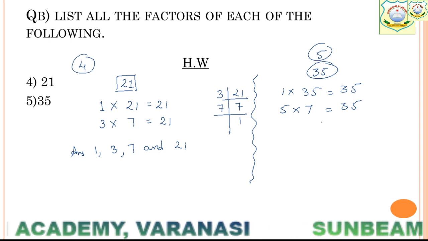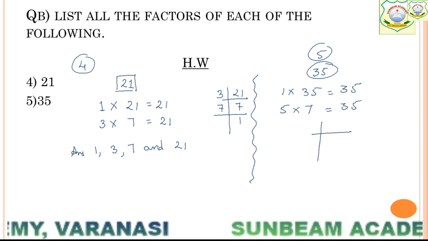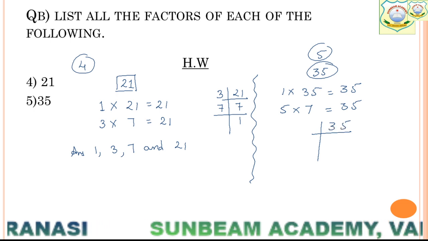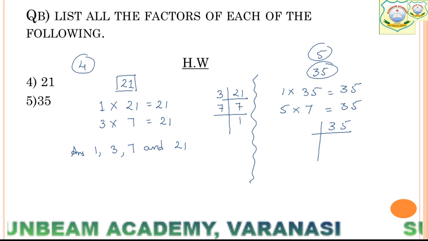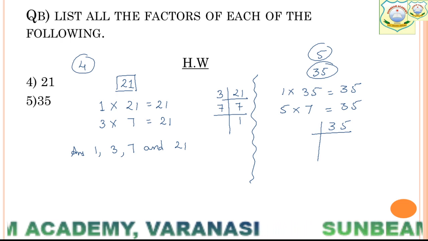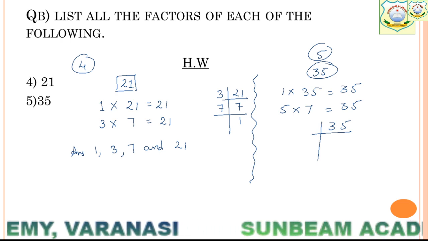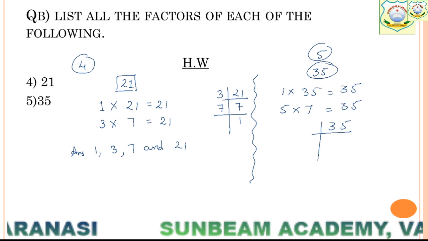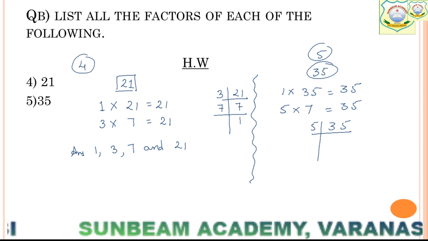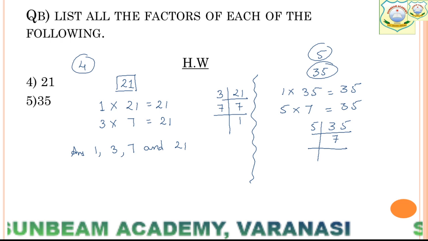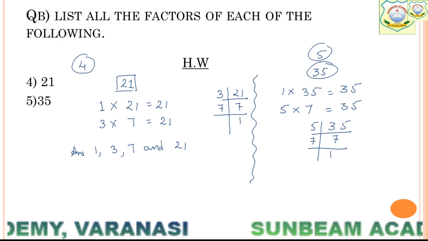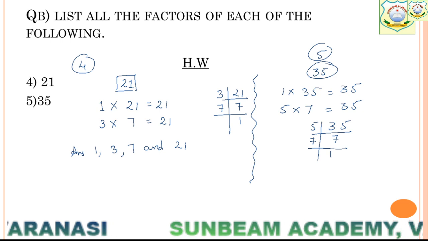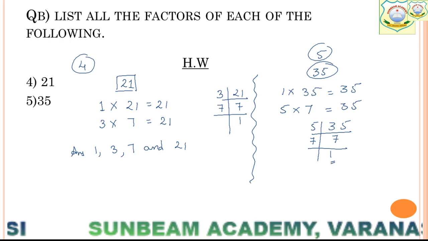And if we are doing the prime factorization method, 35 is not divisible by 2, it is not divisible by 3, and it is not divisible by 4. 4 is not a prime number, so we don't take that. So we have to start with 5. 5 7s are 35, then 7 1 time is 7. We have to continue until we get 1.